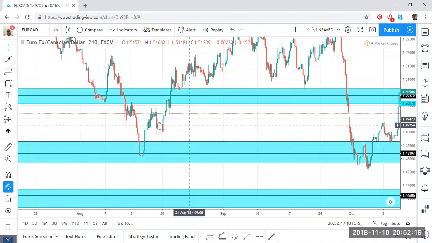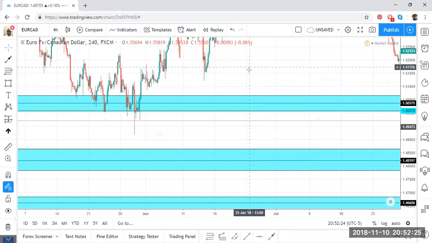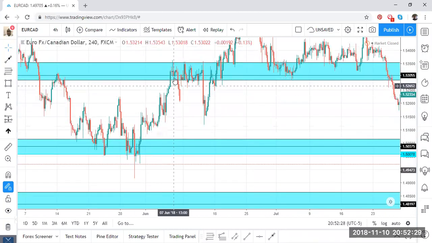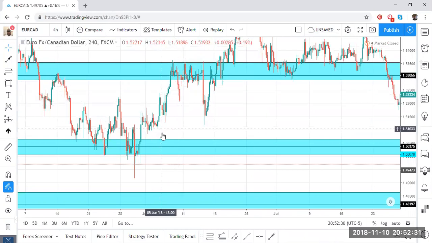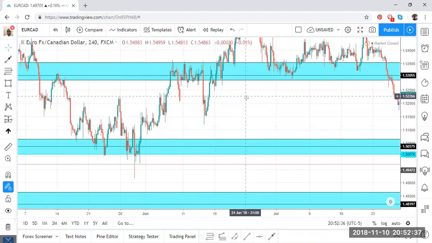They're all the minor zones we have now. I use them to my advantage to place my TPs. I don't just trade because price reaches my zone, meaning I activate my trade and say I buy or sell because it goes up and touches my zone and I get rejected. I actually wait for the market to print something to let me know that, hey, I'm looking to buy or sell this.